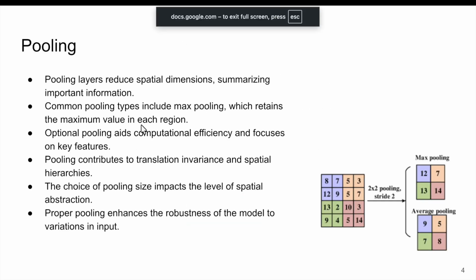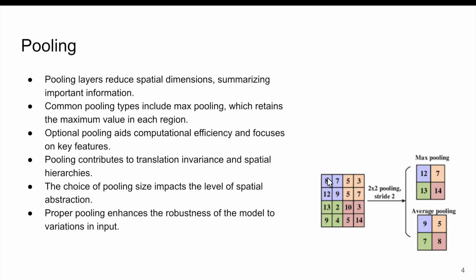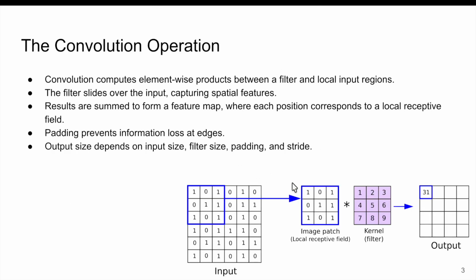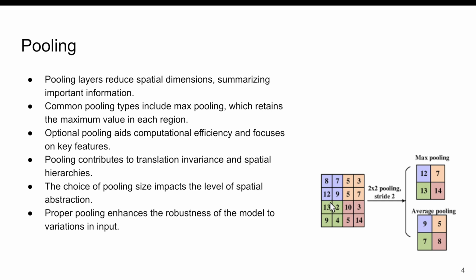Next we come to the pooling layer. In pooling layer, suppose that this output turns out to be these values. So we decide which value will be carried forward out of these four.